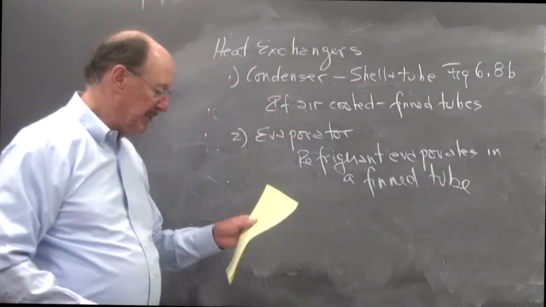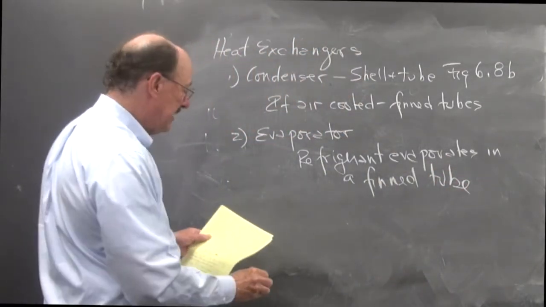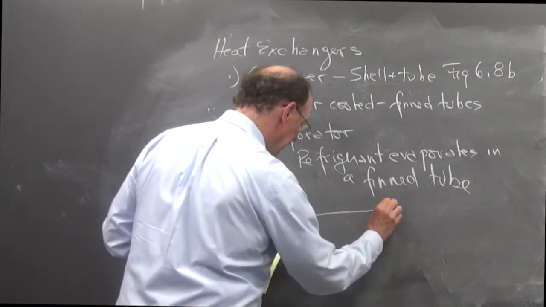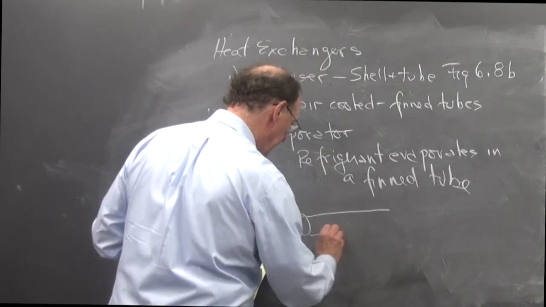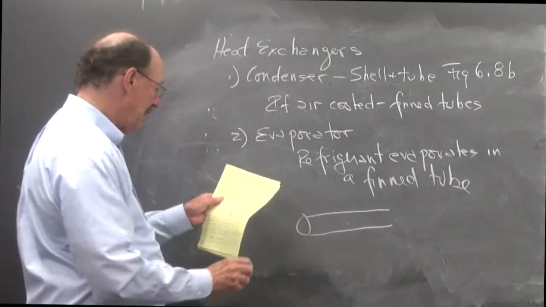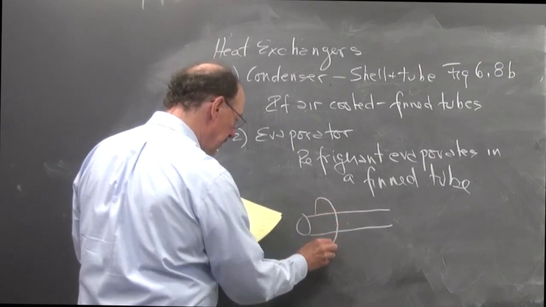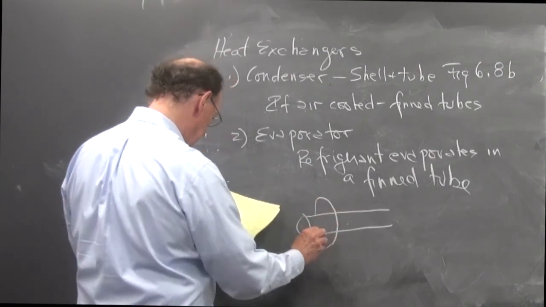And now we're going to have the challenge of my drawing of sketching a thin tube. So let's see what happens here. And so what happens with the fins, which you may remember, is I have something like this that goes around.